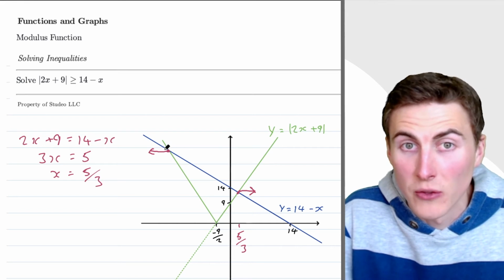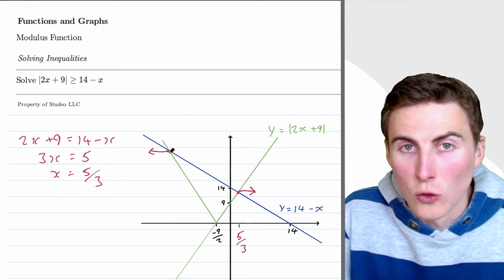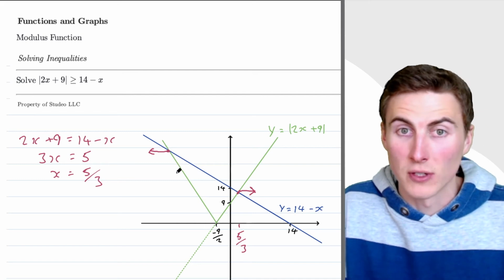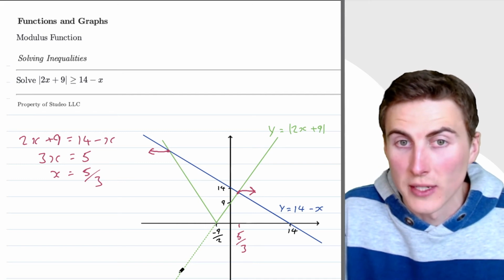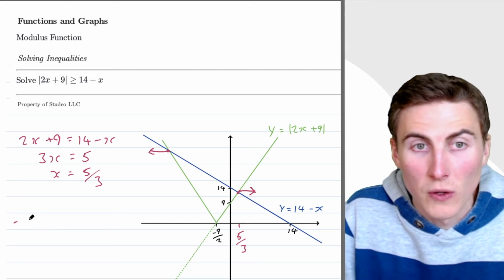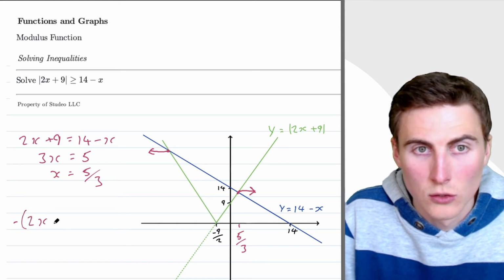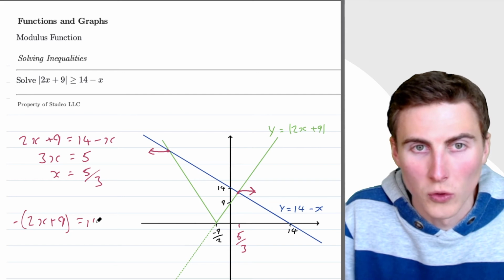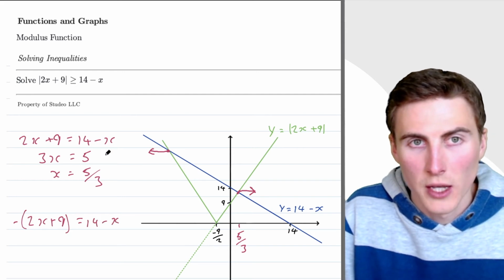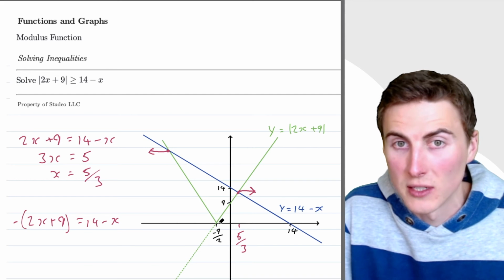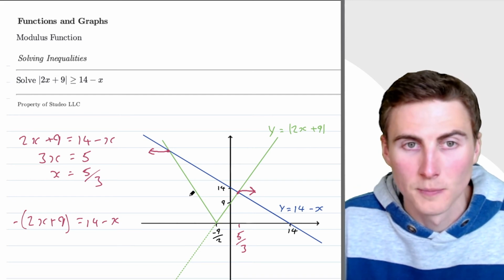Now we need to figure out this value here. For this one, if we look at our green line, this has taken into account the modulus, because it should have been down here, but we have reflected it up here. Because of that, we have to do minus (2x + 9) equals 14 minus x. Same as above, we put a minus around this bit here, to take into account that it's the negative part of the line.